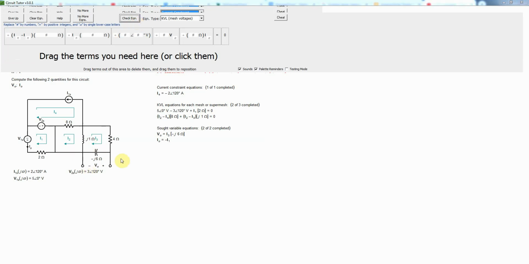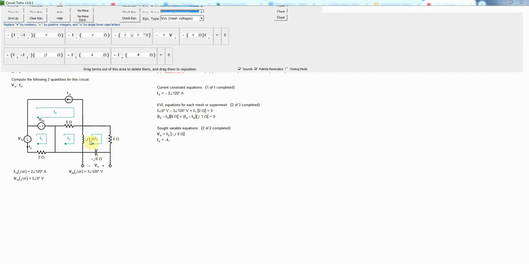Okay, now for mesh 3, we're going to have an element with 2 mesh currents and then 2 elements with 1 mesh current. So we're going to have 1 term like this and 2 terms like that. Remember, we need a separate term for each element. And so again, starting lower left, the J1, we're going to have I3 minus I2 times that J1. And then going down through the 4 ohm, we just have the I3 times the 4 ohm by Ohm's law.